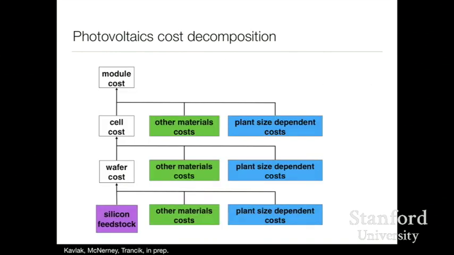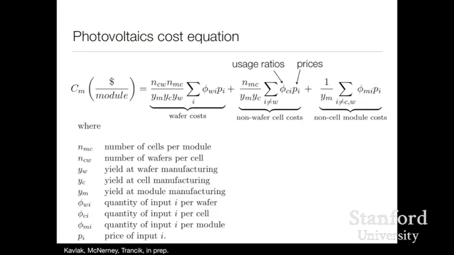The way we've tackled this problem is to start out with a detailed cost equation. I'm going to show that in the next slide. But basically, this is just decomposing all of the cost components of a PV cell, from the smallest components all the way up to the module cost. So if you like equations, this is what the equation looks like.